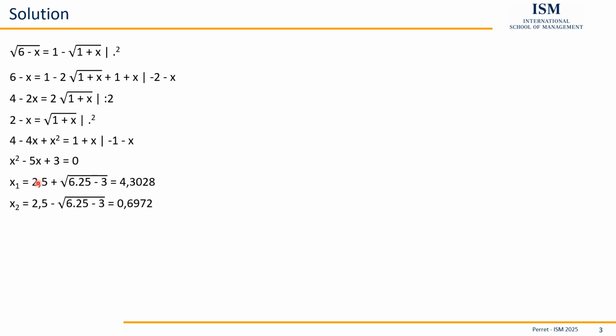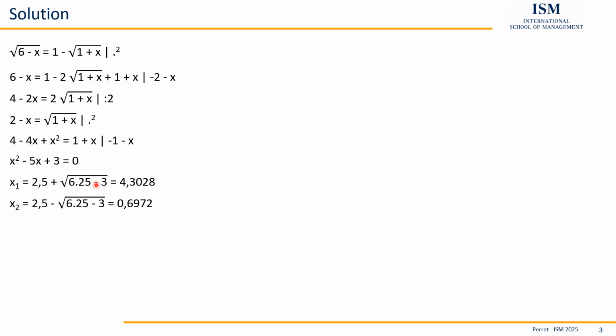The first part here is minus p half, so minus 5 halves, 2.5, plus minus for the two options. Inside here I have p half squared, minus 2.5 squared is 6.25.